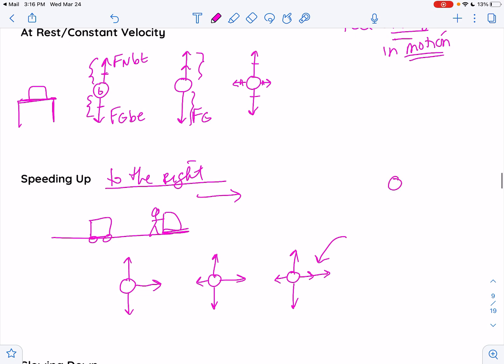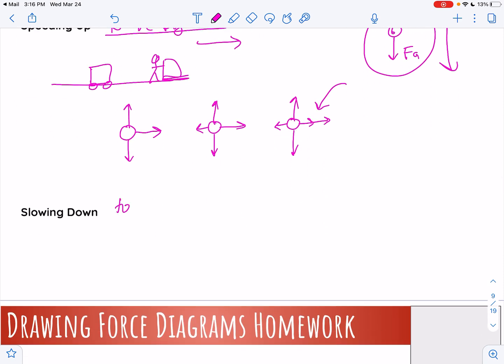And in the case of that ball, if the force of gravity is the only force acting on it, that means the change in motion is going to be downward, so either slowing down on the way up or speeding up on the way down. For slowing down, same thing: we're going to assume everybody's going to the right.